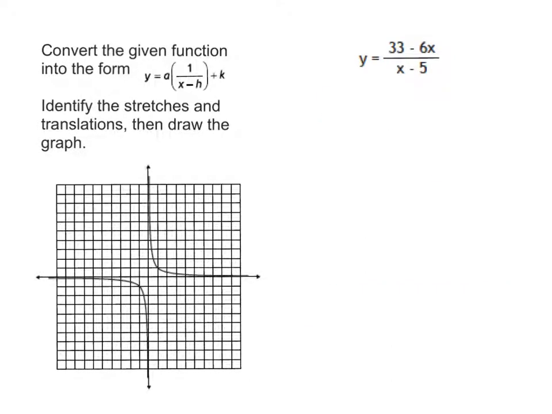And here's another one of those which is actually a little bit trickier. y equals (33 minus 6x) over (x minus 5). If we just split it like we did in the last question, we're going to have 33 over (x minus 5) minus 6x over (x minus 5), and neither of those will simplify. What do we need to have happening in the numerator and the denominator to be able to simplify?